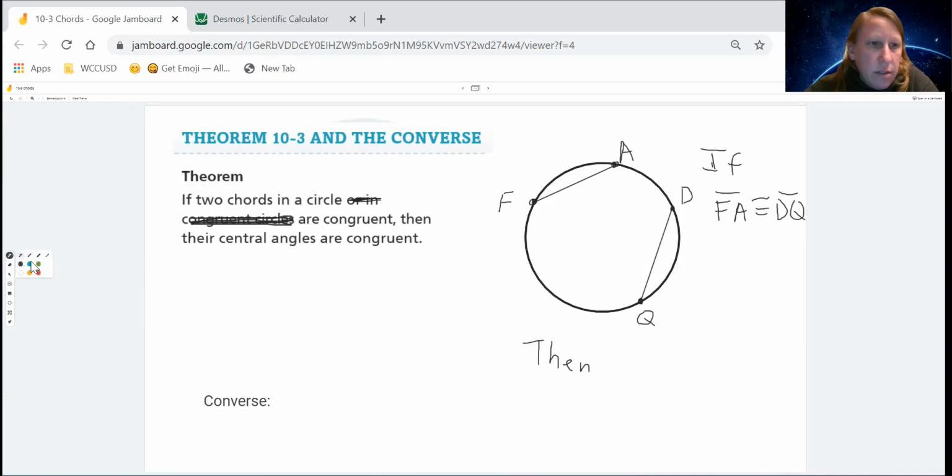I'm going to change colors. The center of the circle is here; we'll call this circle C. A central angle is an angle whose vertex is on the center. So this would be the central angle right here, and there's another central angle over here.